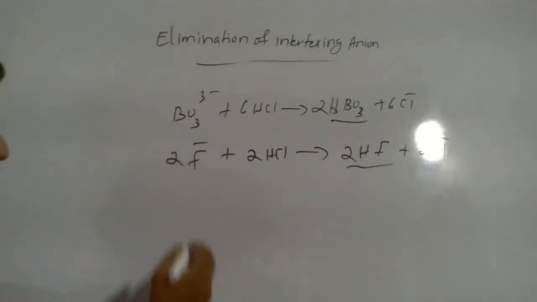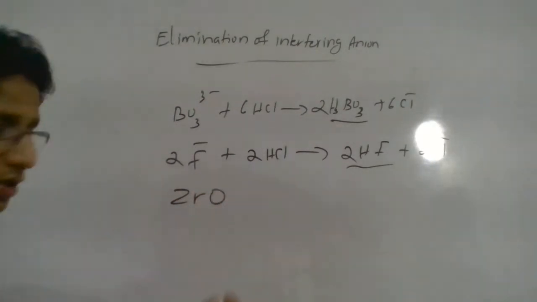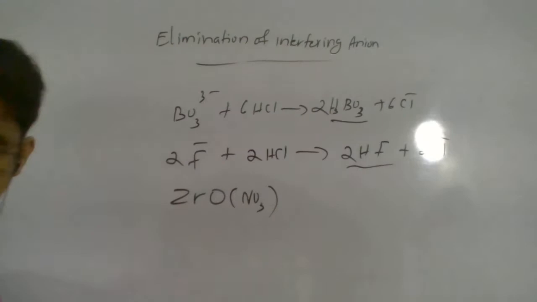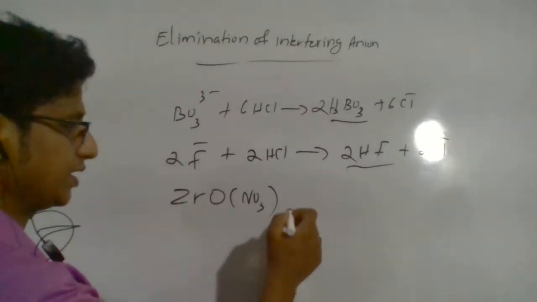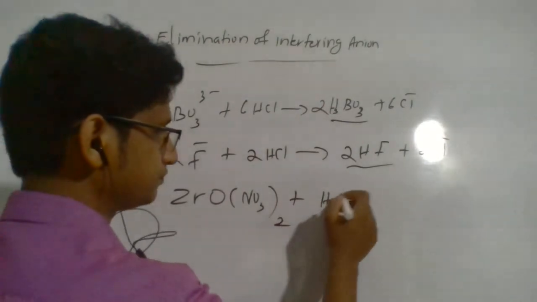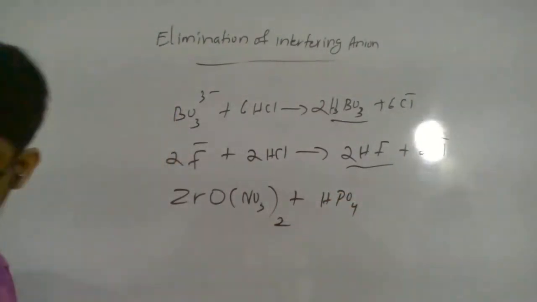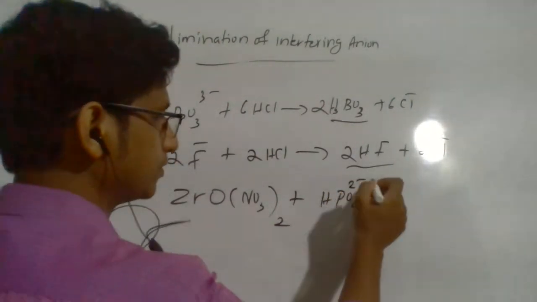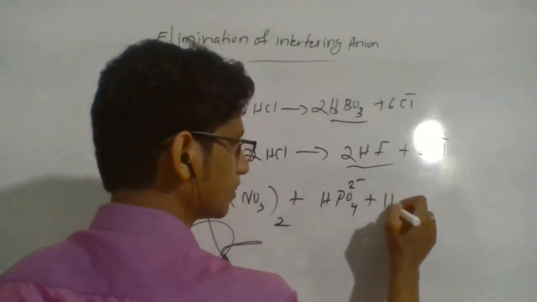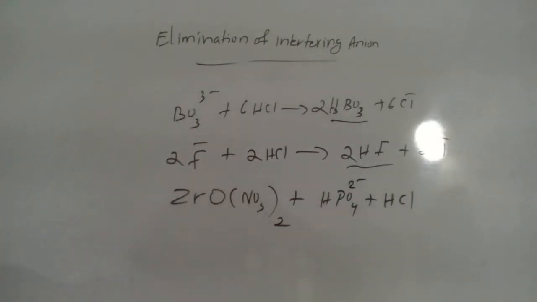For example, ZrO(NO3)2 in the presence of phosphate and HCl.